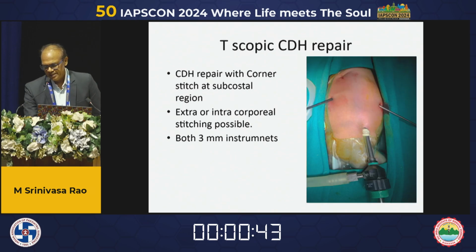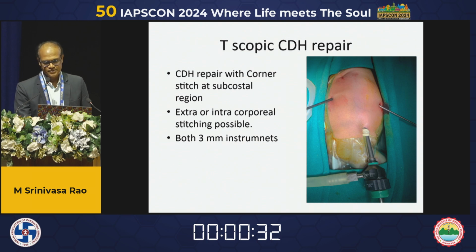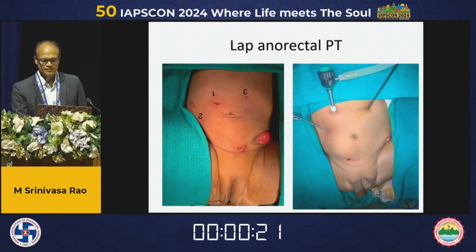We have performed this technique in other, major surgeries also. Here we are performing a thoracoscopic diaphragmatic hernia repair using the system I have mentioned. Both intracorporeal and extracorporeal suturing are possible with this. Pyloromyotomy we do regularly, and many others also do pyloromyotomy with the stab incision.